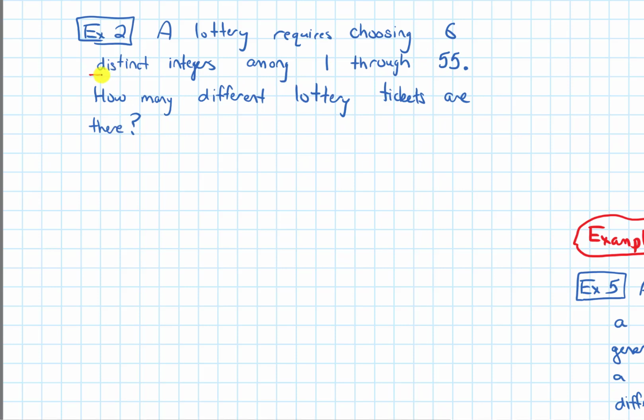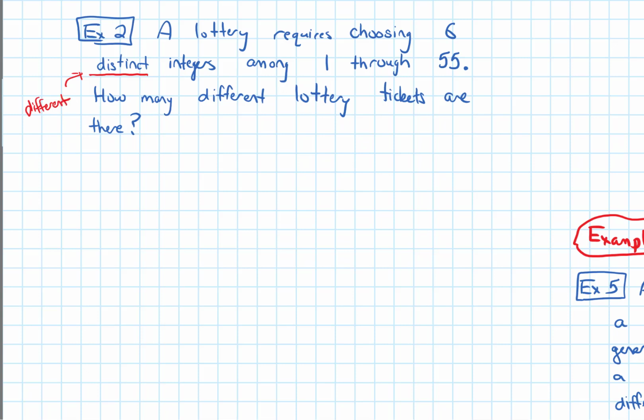Okay, so the first thing that I want to mention is when it says the word distinct, this just means that they're different. So these are different numbers. We have to pick 6 different numbers.